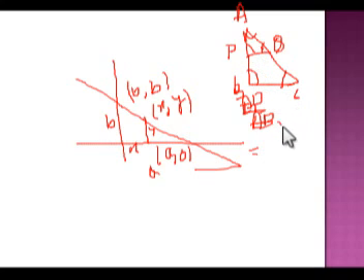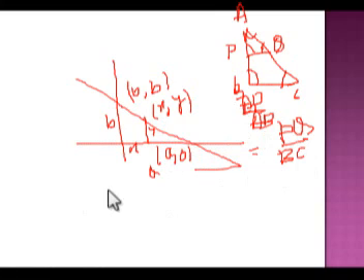So it will be PQ by BC. There is also one more similar ratio, AQ by AC, on the hypotenuse, but we will not use it here. So AP by AB is equal to PQ by BC.